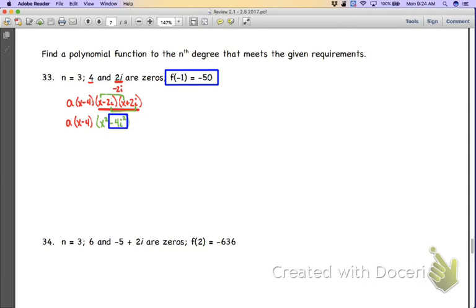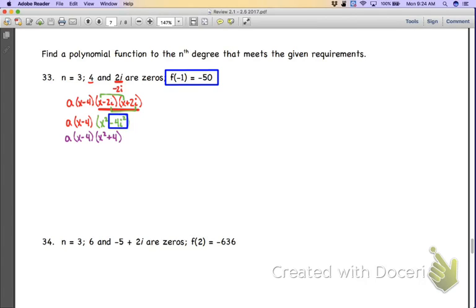So what's that going to make that? A positive 4, right? So then, in terms of finding a, I have a times x minus 4 times x squared plus 4. Now, you can either multiply those two together.